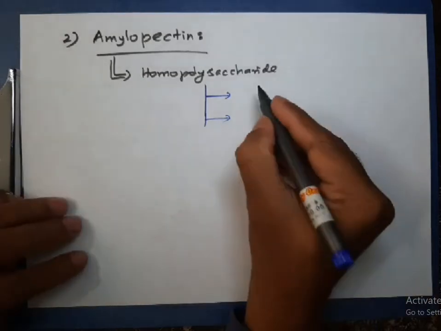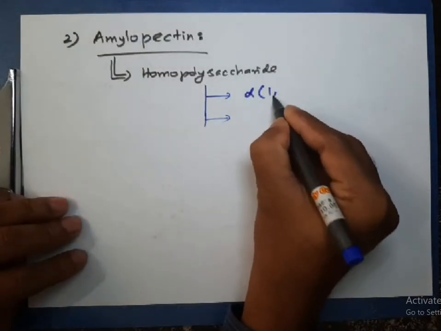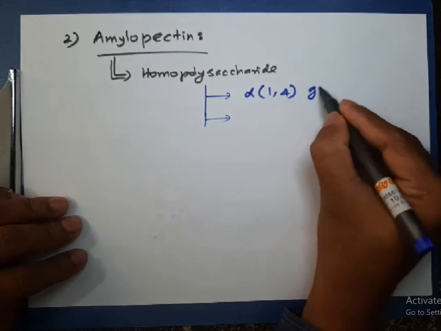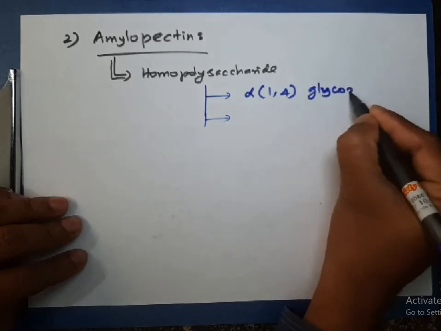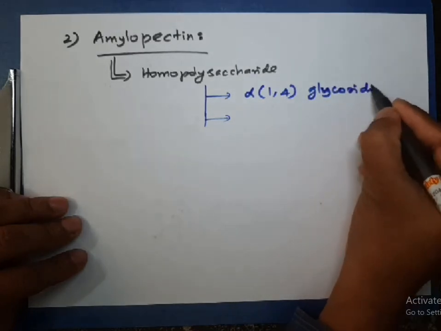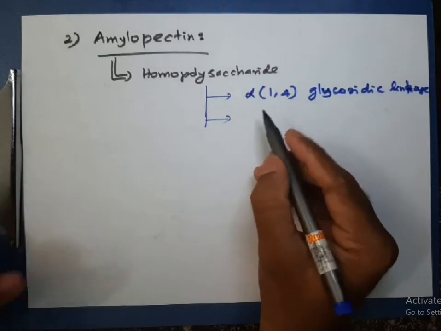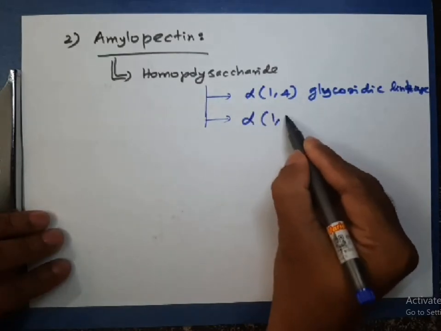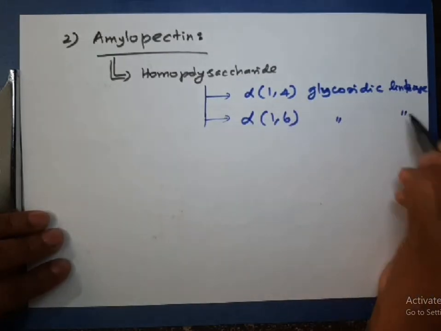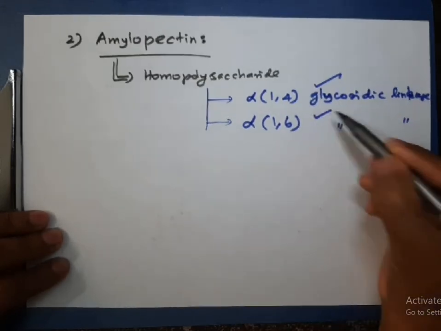Number one, we have alpha 1,4 glycosidic linkage, as usual. Not only that, we also have alpha 1,6 glycosidic linkage. Both are present. Very, very important.